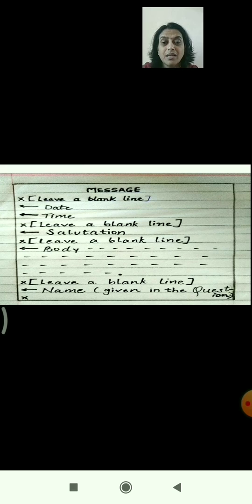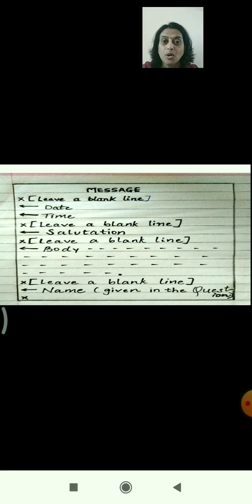But they will also give you a name, that you are this. For example, you are Sunil, you are Anil, you are Mohan. So you have to write that name here. Keep it in mind, you are not supposed to write your own name here. You have to write the name which is given.